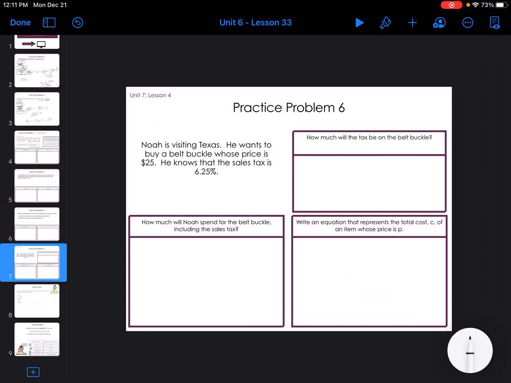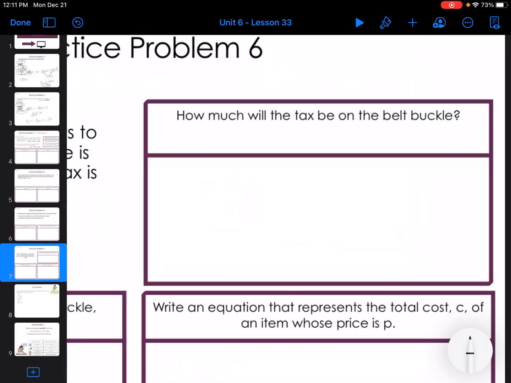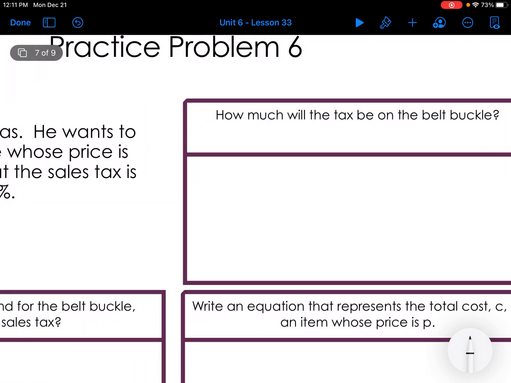All right, Noah is visiting Texas. He wants to buy a belt buckle whose price is $25. He knows the sales tax is 6.25%. How much will the tax be on the belt buckle? Okay, so 6.25%, I'm moving my decimal 2 places, so I have to put a 0 there. So 0.0625 times 25.